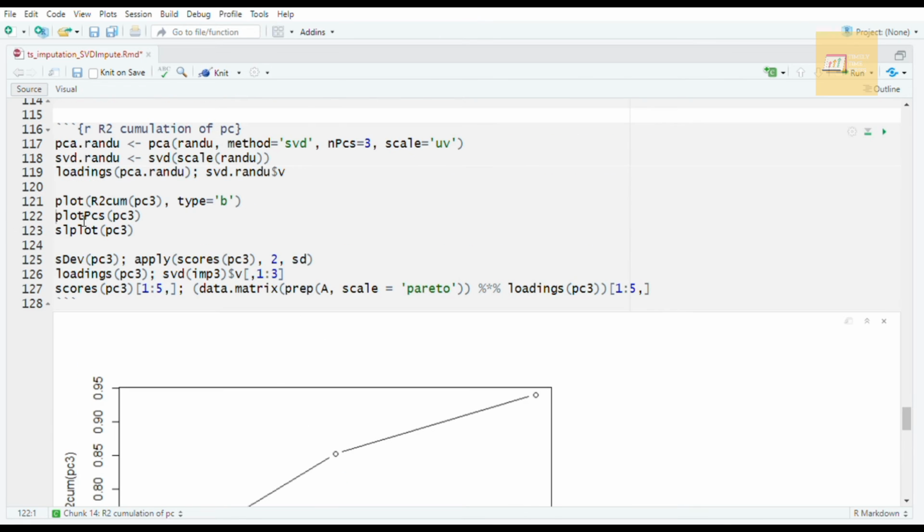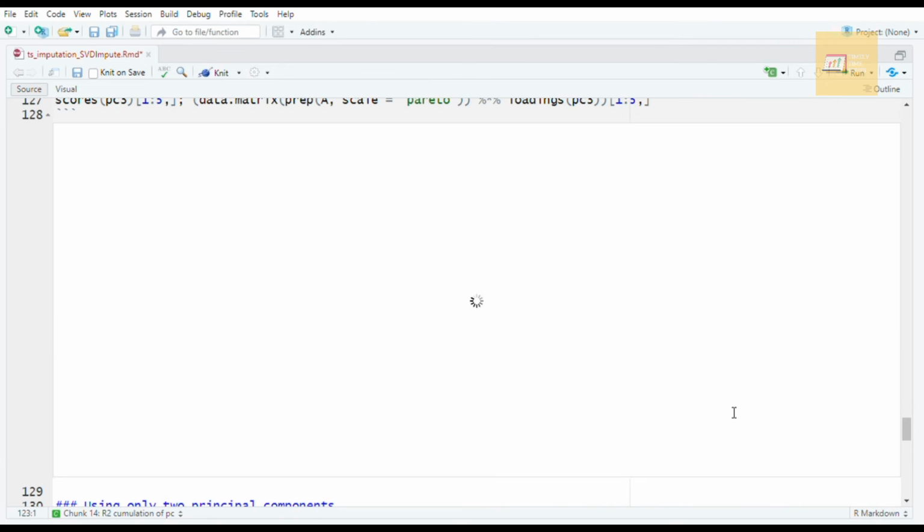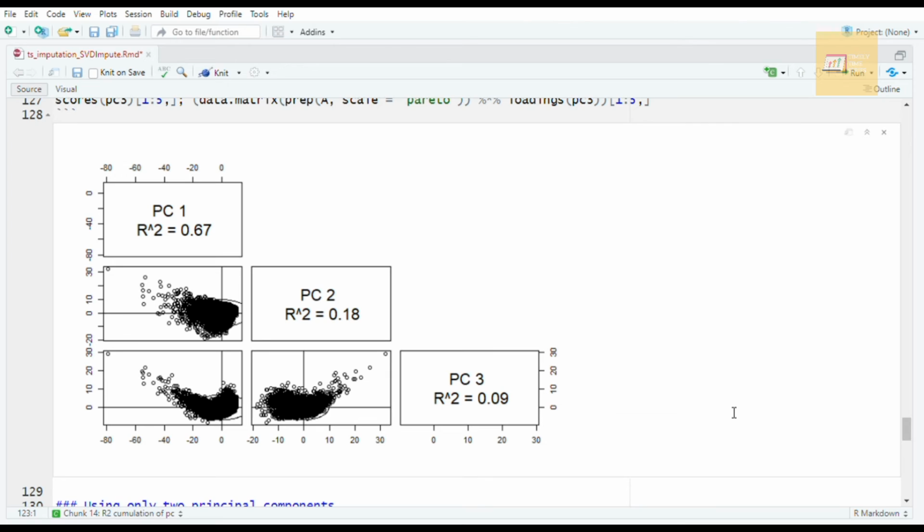Okay, and then we can also plot the principal components side by side by using this function. So we have different names for principal components so far, right? Like the columns of matrix V, and then the loadings, and then principal components. Another name for that is the new coordinate system.